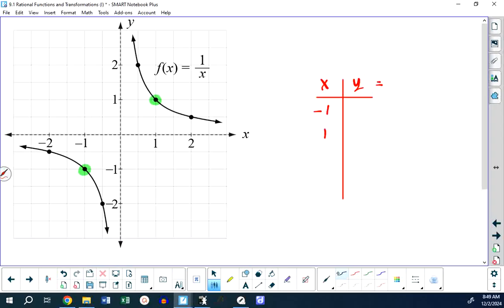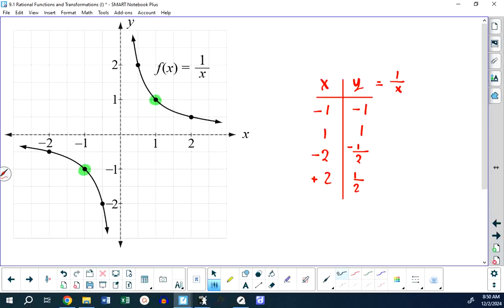If y is equal to 1 over x, then when I take x at negative 1 and I take 1 divided by negative 1, I get negative 1. When I take x at 1 and I go 1 divided by 1, I get 1. And what happens as we go further away from the origin on the x-axis, if you go to say negative 2 or positive 2, you get a smaller value of y.